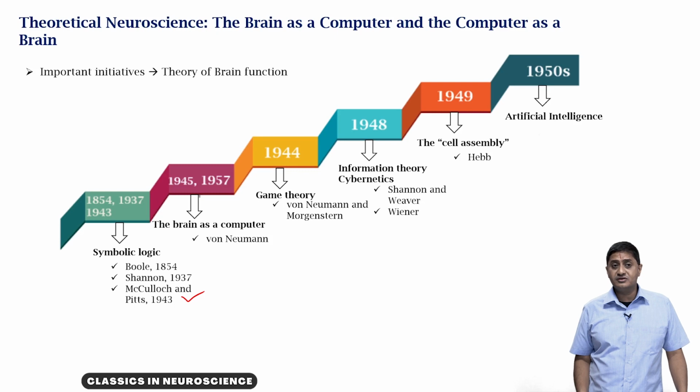Then the work of John von Neumann and others considering the brain as a computer, and game theory based work by John von Neumann and Morgenstern, and the work on information theory by Shannon and Weaver, and the extraordinary contributions of Wiener to cybernetics, and the idea of cell assembly by Donald Hebb, and this idea of artificial intelligence that became an interesting buzzword in the 1950s.